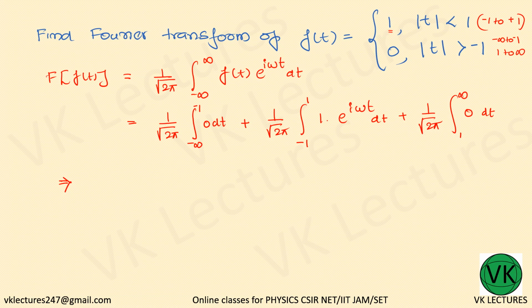Only the first term is 0, here also it is 0, only the middle term is there, so 1 divided by root of 2 pi, integral of e to the power i omega t is e to the power i omega t by i omega, and the limits are from minus 1 to 1.